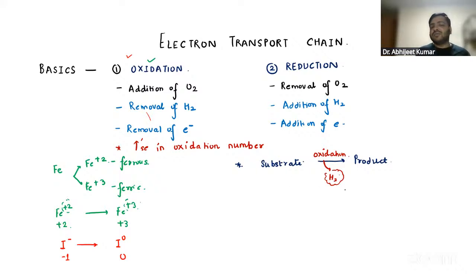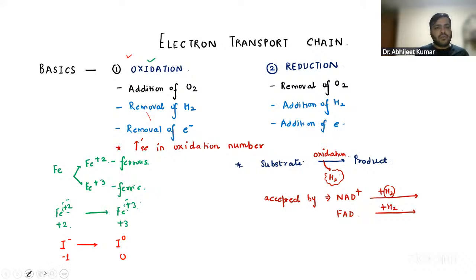Now, this hydrogen which is removed from the substrate to yield the product will be accepted by NAD plus, and will be accepted by FAD, right? This NAD plus will accept this hydrogen, H2, and this FAD will also accept this H2.